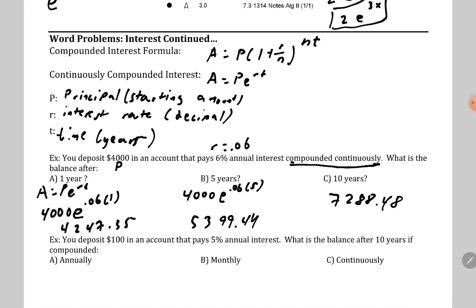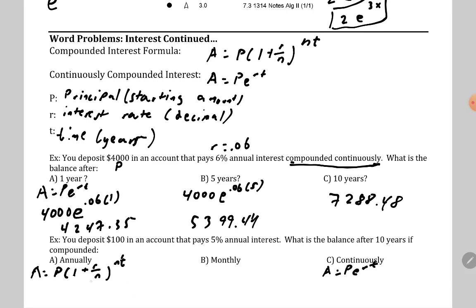So let's compare our compound interest formula to our continuously compounded interest. Remember, this one is A equals P times 1 plus r over n to the nt, and over here we're using PERT. Make sure you don't get confused about which formula you're using.